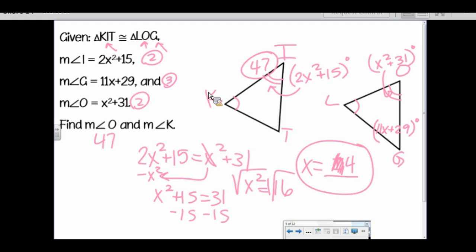We need to plug it into G, 11x, 11 times 4 plus 29, 73. And now we can use the triangle sum theorem to get our remaining angle K. And that's how we get 60 degrees for K. So the answers were 47 and 60. Excellent job.